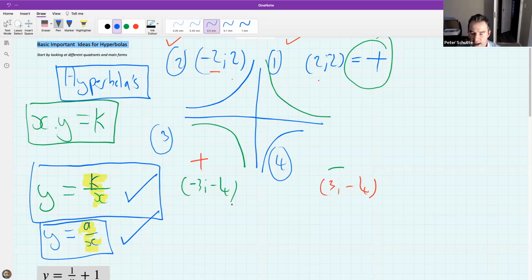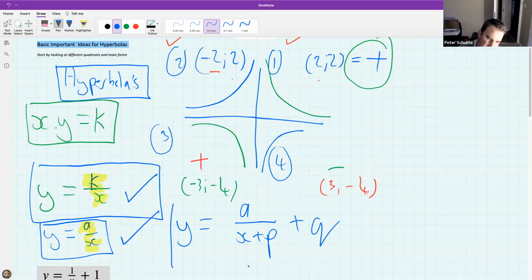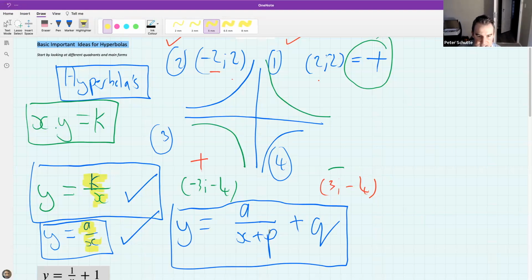So normally we have to be able to do a vertical shift and horizontal. Yes. So if we are dealing with a hyperbola, the standard form for hyperbola looks like that, where the x plus p is the horizontal shift and the plus q is the vertical shift.